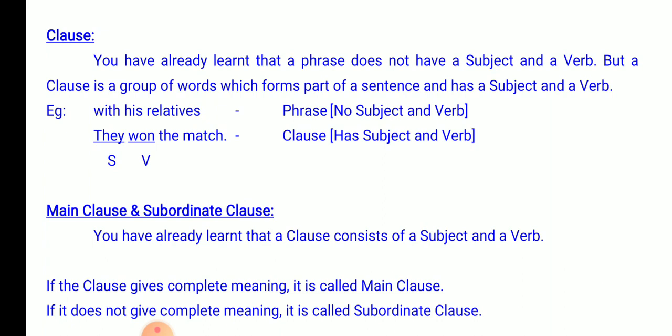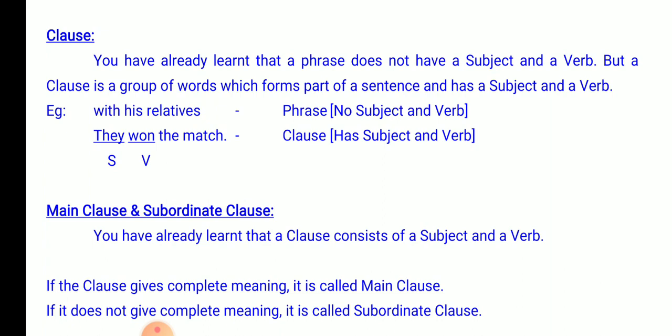Now look at the second example. They won the match. Here you have a subject they and a verb won. Since there is a subject and a verb, we call it a clause. Now let us look at the phrase and the clause once again.